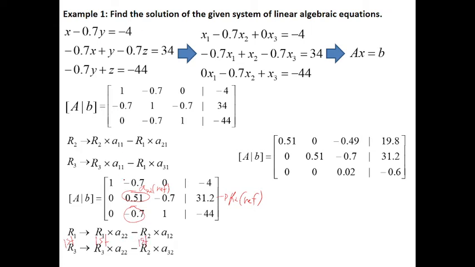So, R3 first element, 0 times 0.51 A22 minus R2 first element, 0. R3 first element, 0 times A22 0.51 minus R2 first element, 0 multiplied by A32.